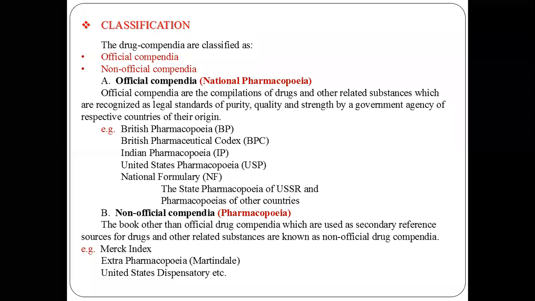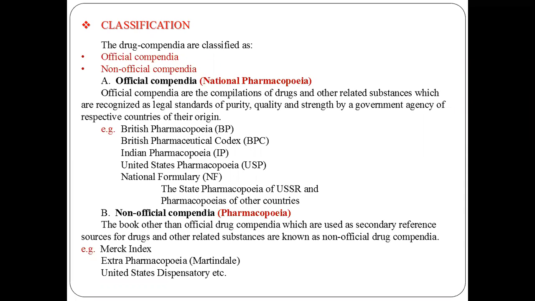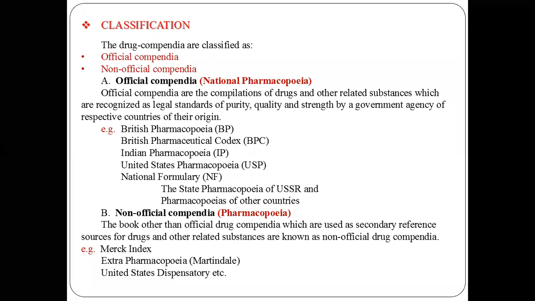Generally, non-official compendia or non-official pharmacopoeia are used as a secondary reference book or secondary resource of information regarding the preparation of the drug, regarding the manufacturing of the dosage form. So both the official pharmacopoeia and non-official pharmacopoeia have information about the drugs and their related substances.